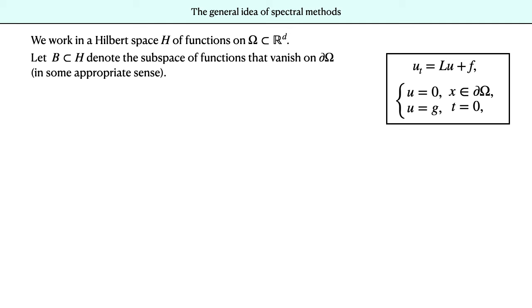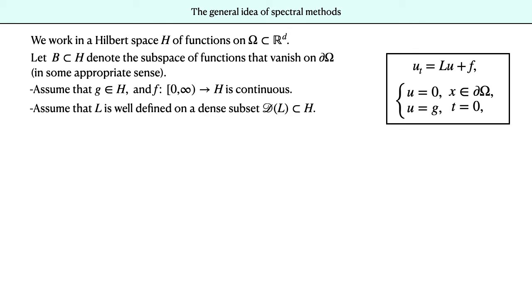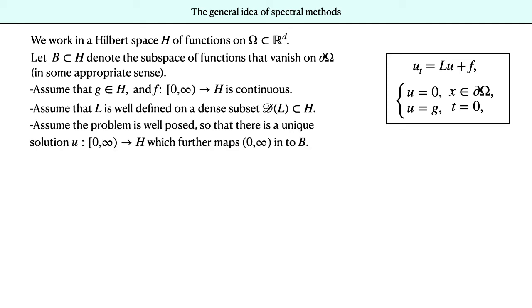B is going to be the subspace of H of functions that vanish on the boundary. We assume that g is an element of the Hilbert space and that f maps time into the Hilbert space in a continuous way. We also assume that L is well defined on a dense subset of the Hilbert space. And we assume that the problem is well posed, so that there's a unique solution for each initial condition.